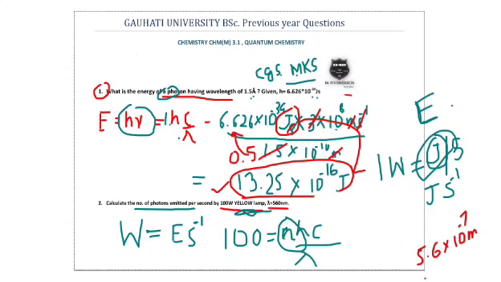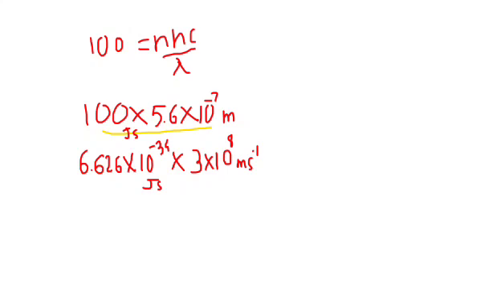Here n is the number of photons, h is Planck's constant, c is the speed of light, and lambda is nothing but the wavelength. We had worked out 5.6 into 10 to the power minus 7 meter, since 560 nanometer was given.